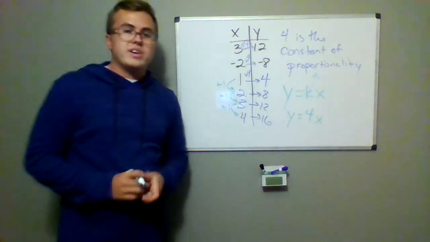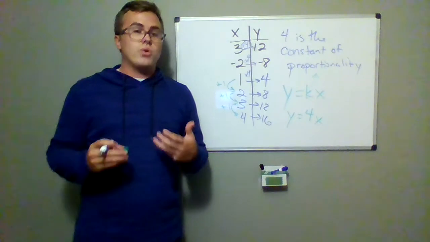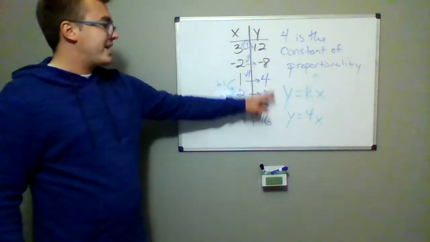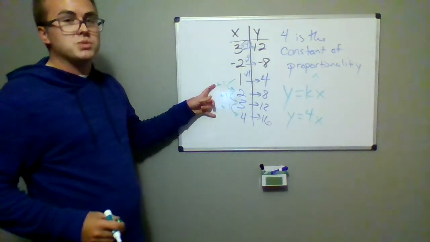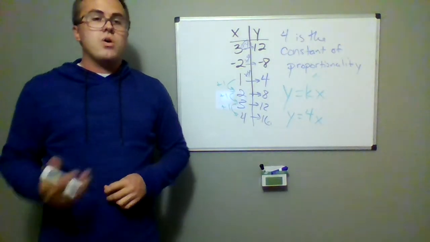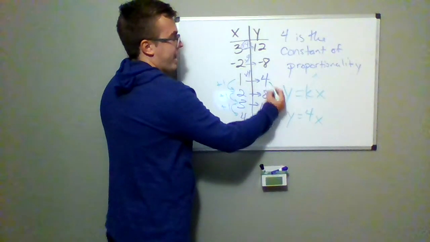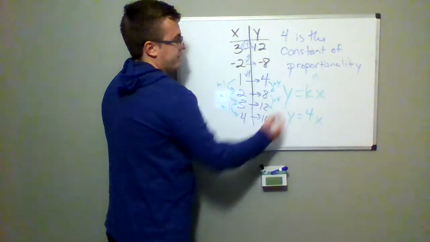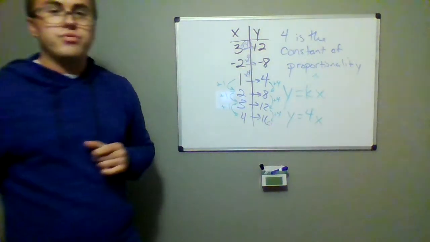Now, in order for it to be direct variation, and we'll figure out that also in order for it to be linear, there has to be a similar pattern on the right side. It doesn't have to be +1, but it has to be a consistent pattern of addition or subtraction on the right side. And from 4 to 8, we have to add 4. From 8 to 12, we also have to add 4. 12 to 16, we have to add 4.